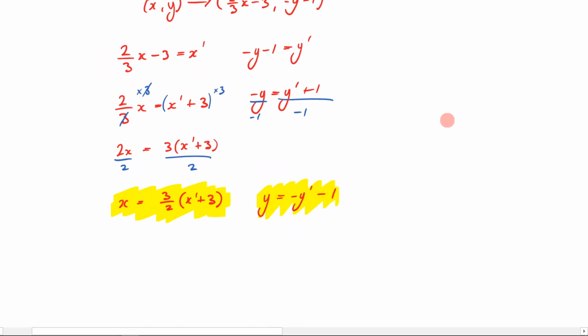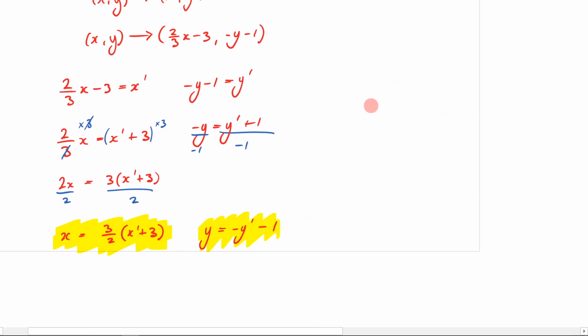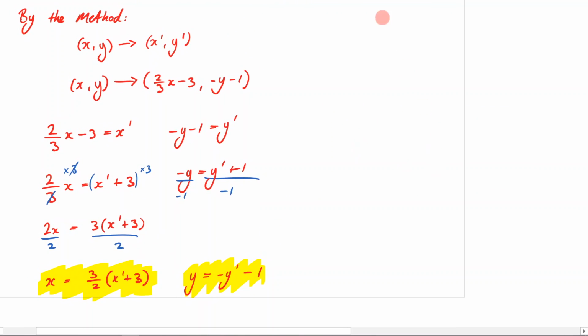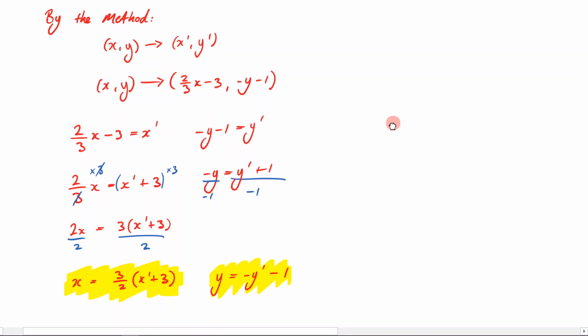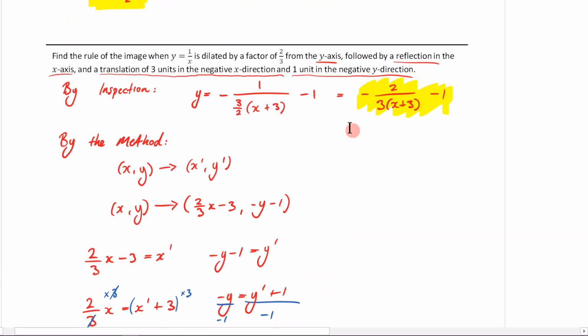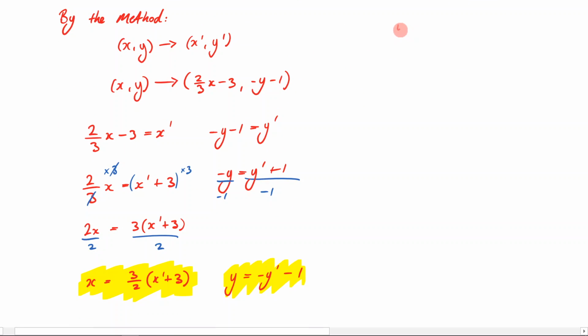Okay, now that I have those, let's just zoom out here. I remind myself what the original graph was, and I've already forgotten. What was it? It was 1 over x. It was y is equal to 1 over x. Into the y position, I put this. Negative y dash minus 1 is equal to 1 over.